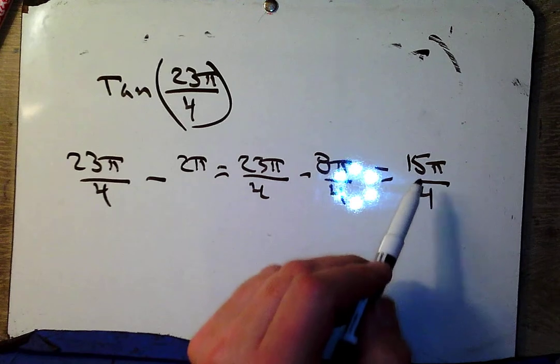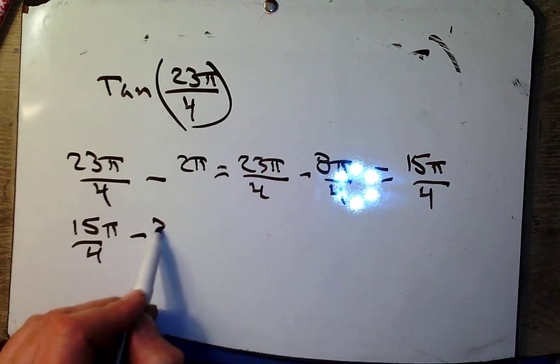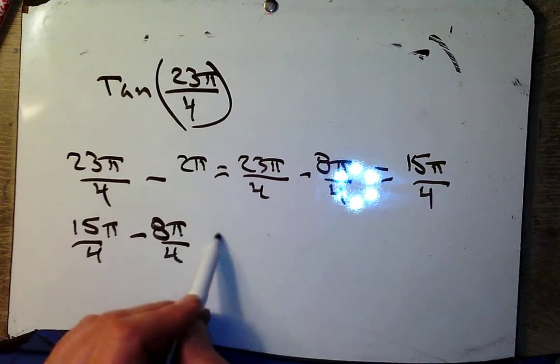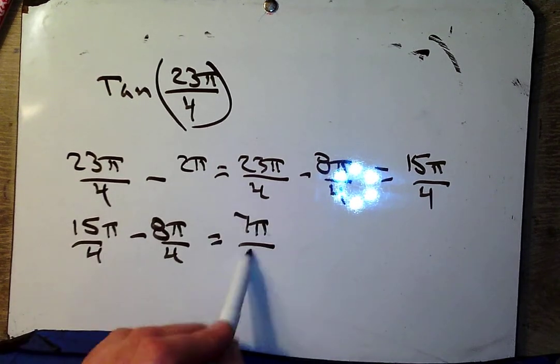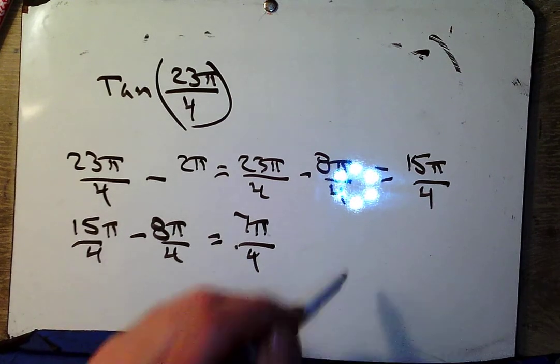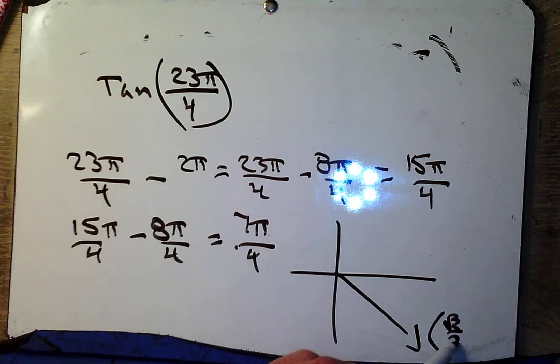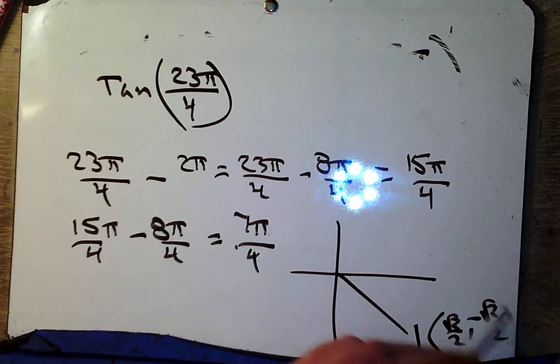That's still not on the unit circle, so I'm going to do it again. 15 pi over 4 minus 8 pi over 4, and I get something I finally recognize from the unit circle, 7 pi over 4. 7 pi over 4 is here. The ordered pair is root 2 over 2, comma negative root 2 over 2.